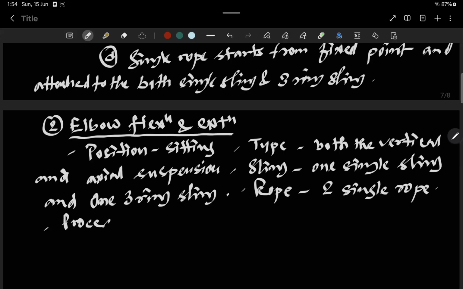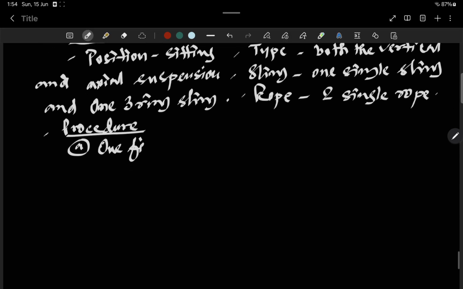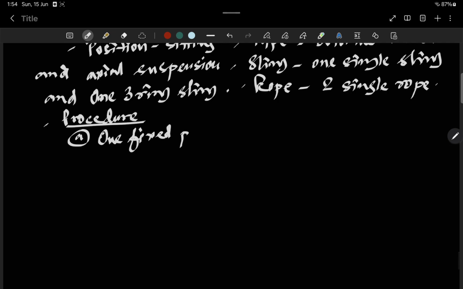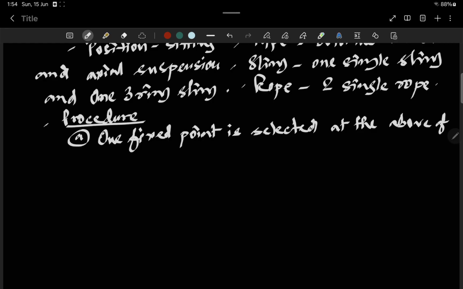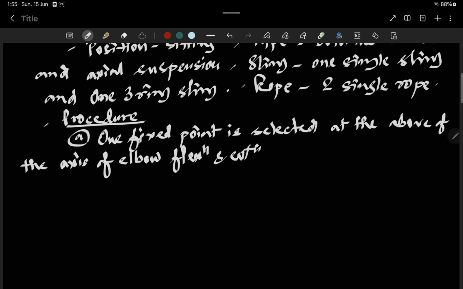Procedure: one fixed point is selected above the axis of elbow flexion and extension.